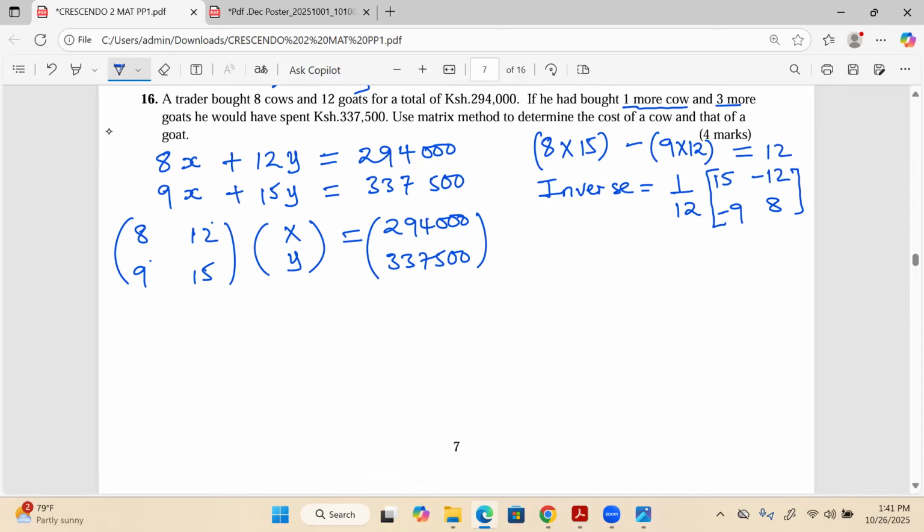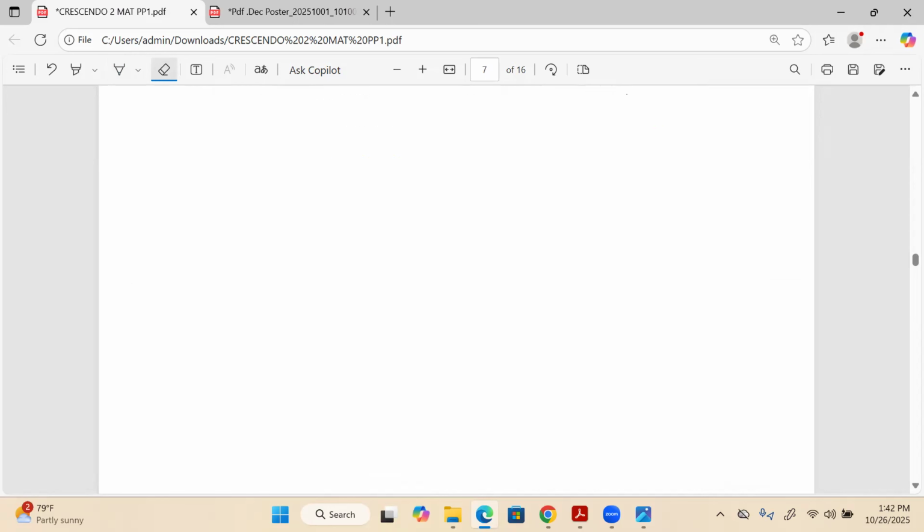Remember, we can divide 15 over 12 so that we have it as 1.25, negative 1. So negative 9 over 12, we get negative 0.75. Then 8 over 12, we get 2/3. Let me use 2/3 so that I have exact values.